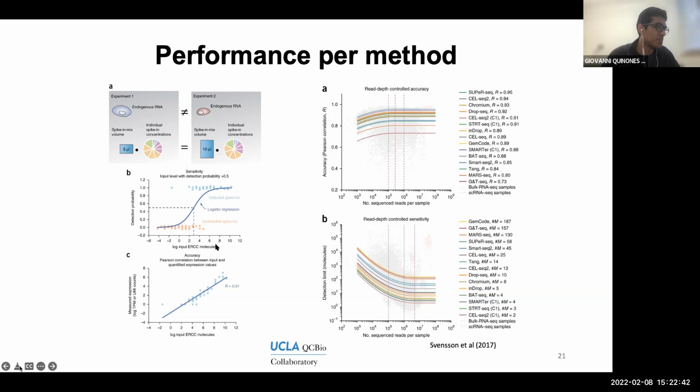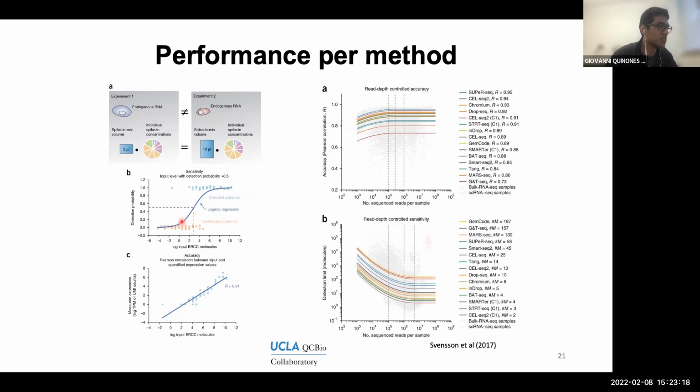So they're measuring two things, sensitivity and accuracy. The way they're measuring sensitivity is that given a concentration of your spike-in, the ERCC molecules, you're trying to find out what concentration is needed for you to actually identify this molecule.